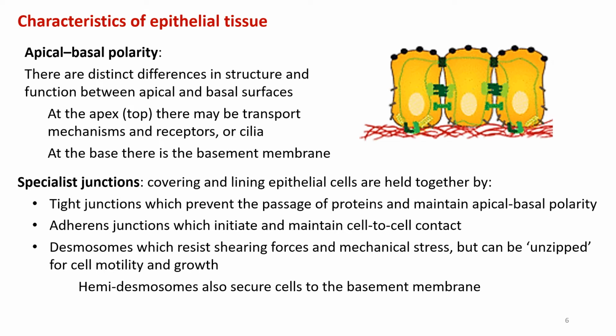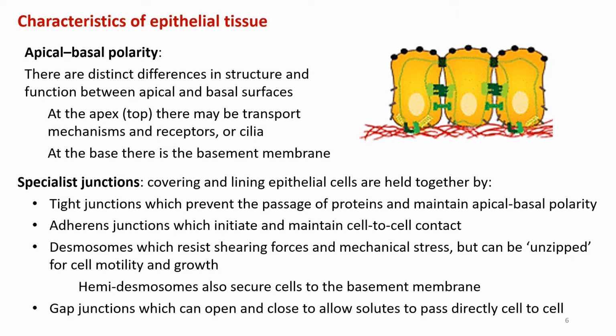Hemidesmosomes are half desmosomes, and they actually secure the epithelial cells to the basement membrane, make sure it doesn't drift off. Gap junctions are more like channels, really. They're not so much junctions as like a little channel between two adjacent cells. So they can open and close, and this allows things like ions and other solutes, glucose, to pass directly from cell to cell.